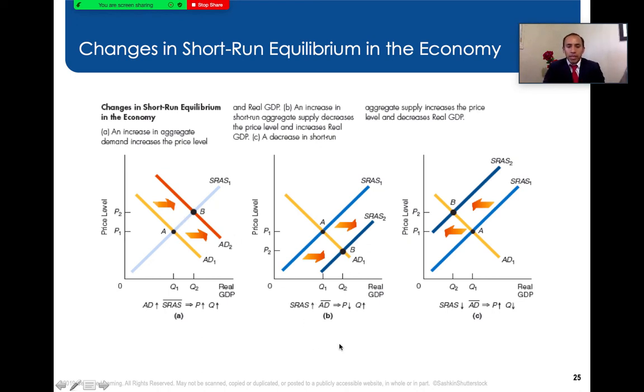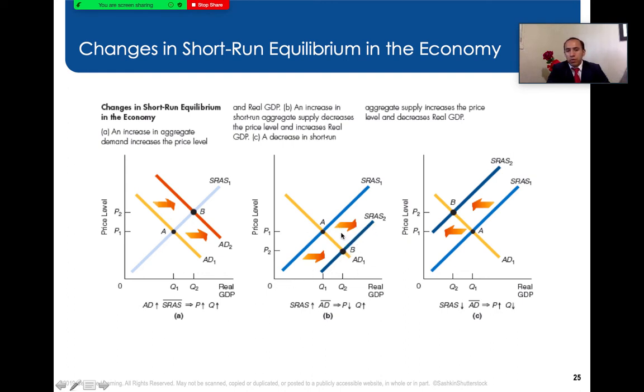Model B indicates an increase in the aggregate supply. Short-run aggregate supply has shifted to the right. An increase in the short-run aggregate supply curve here comes from lower wages, higher productivity, lower input costs, better government regulations that increase the production of goods, or government subsidies or taxes. Notice how it's going away from the origin, so the aggregate supply curve shifts to the right.